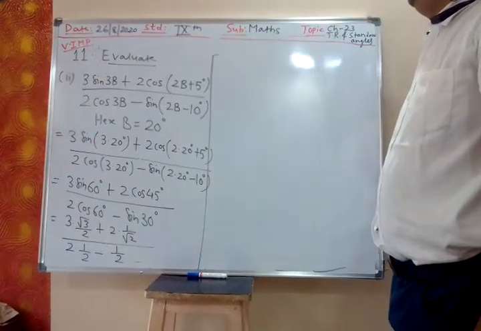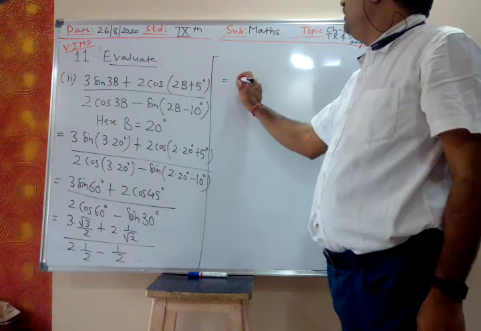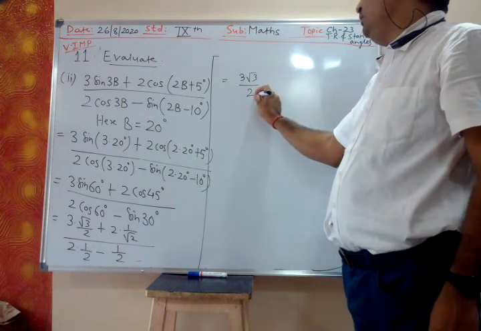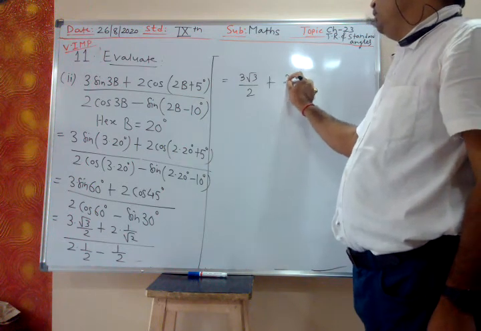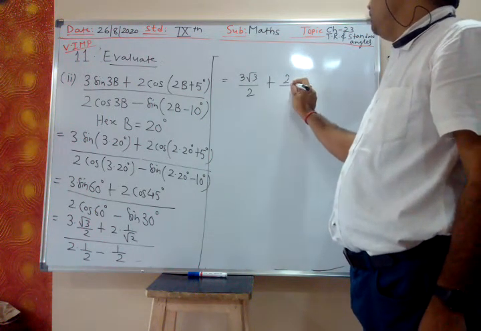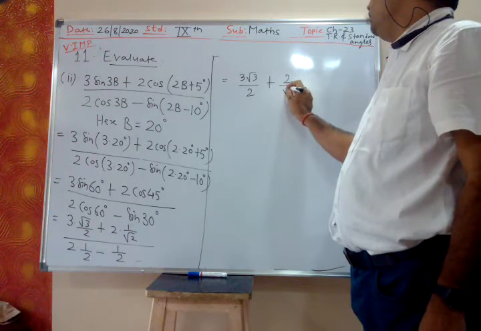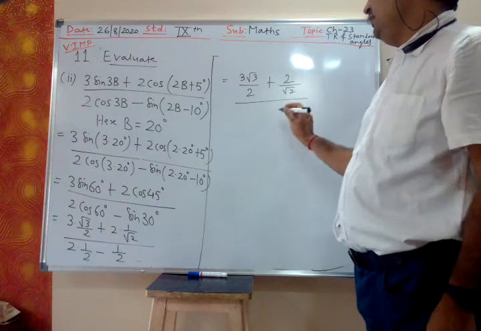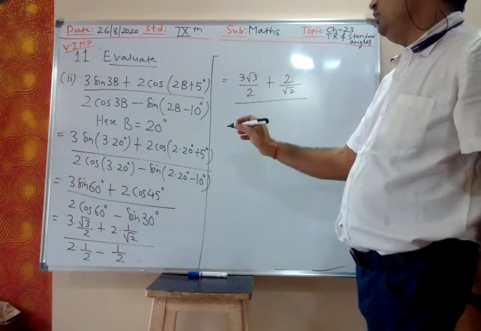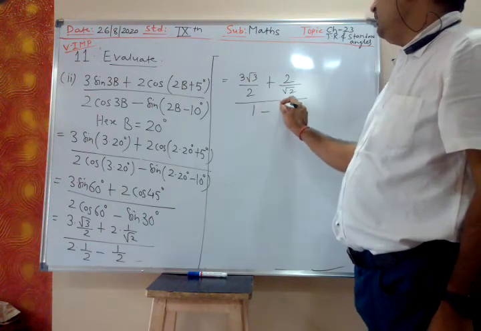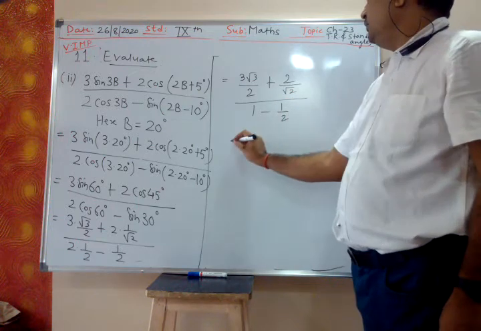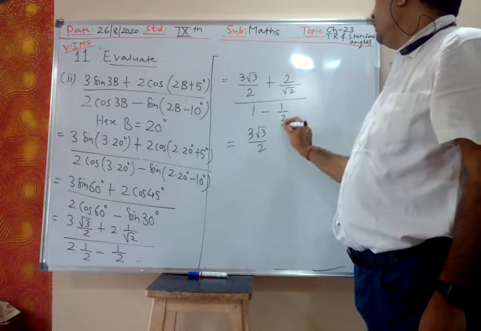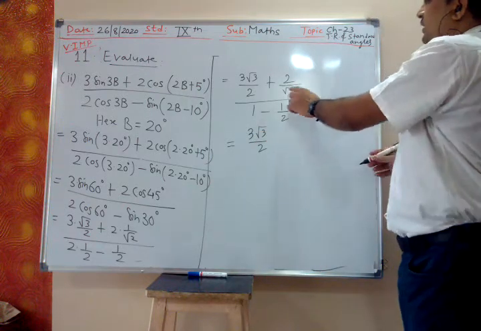Sin 60 degree is root 3 by 2, so that will be 3 root 3 by 2 plus 2 root 2, plus 2 upon root 2 divided by 2 into 1 by 2, 2 get cancelled, 1 minus 1 by 2. So 3 root 3 by 2, this one I can rationalize the denominator.